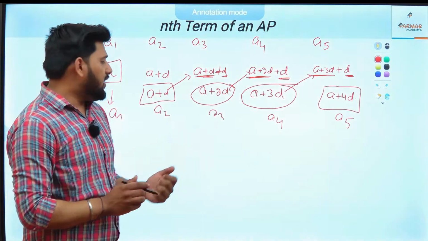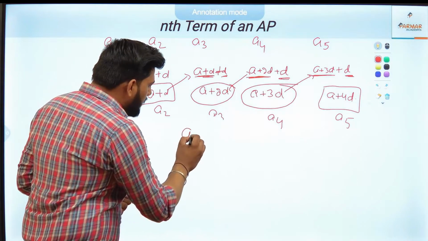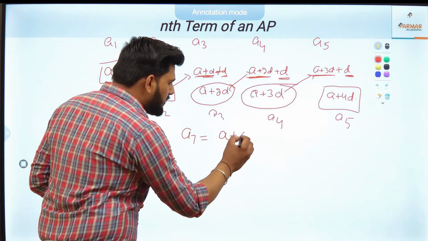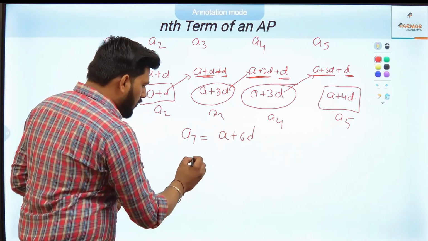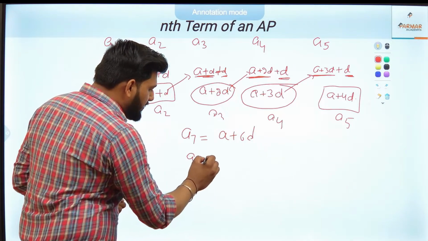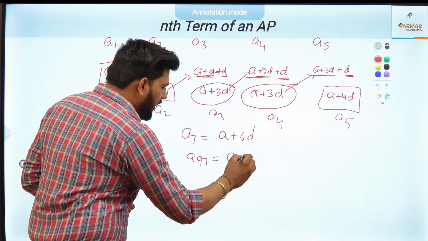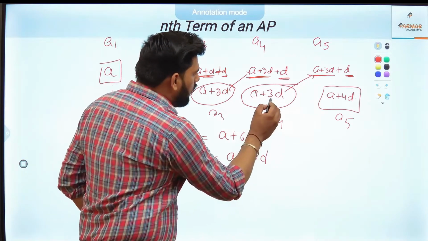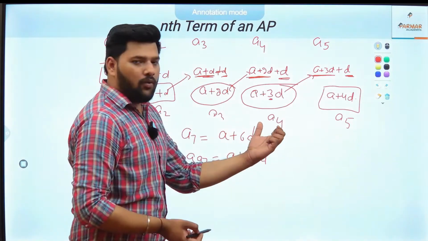A relation is coming out here, that is we will find the seventh term, that is A plus 6D. We will find the 97th term, that is A plus 96D, because this is always one less than the number of the term.